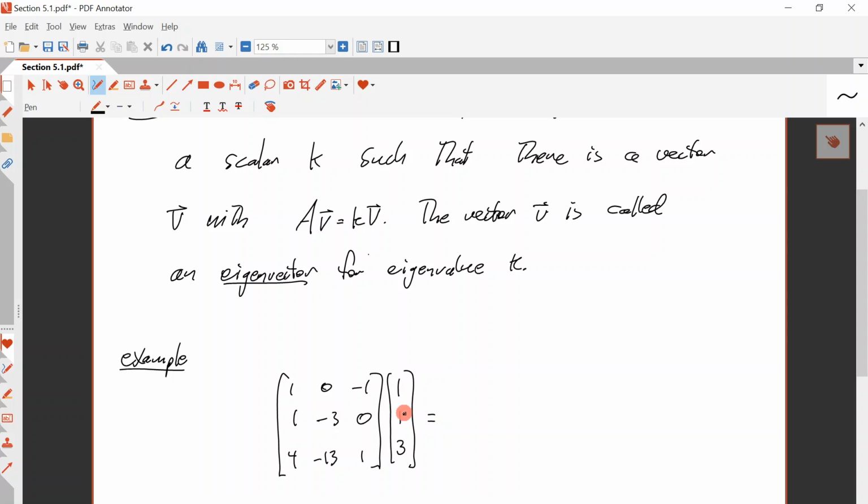We have 1 plus 0 minus 3, so that's minus 2. 1 minus 3 plus 0, so that's minus 2. And then 4 minus 13 is minus 9, plus 3 is minus 6. Right? And this is equal to minus 2 times that original vector, 1, 1, 3.